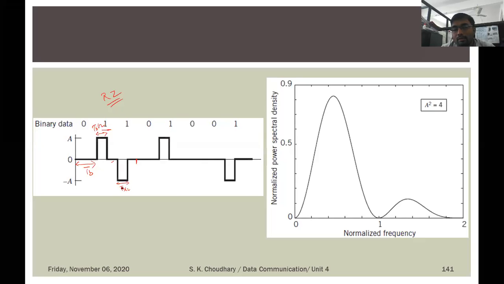Here for 0 it is 0, but for binary 1, for half of the period it is positive amplitude, and the next time a 1 comes, it goes to negative. Odd occurrences of 1 have positive amplitude, and even occurrences of 1 have negative amplitude.